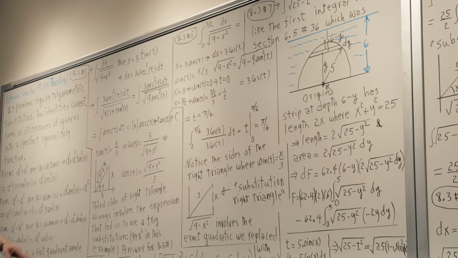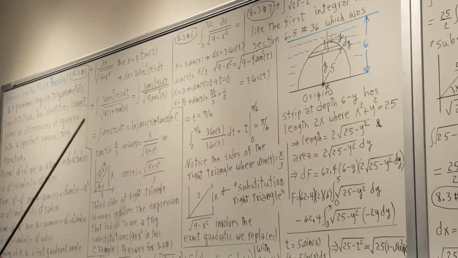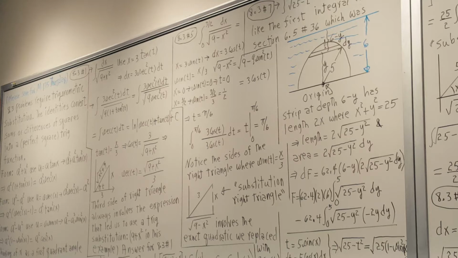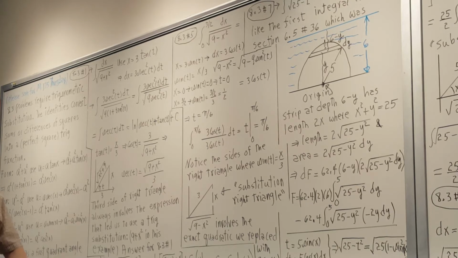That's always going to be true with these substitutions and using the right triangle to get from one variable to the other. The third side of your right triangle will involve anyway the sum or difference of squares that forced you into all this.